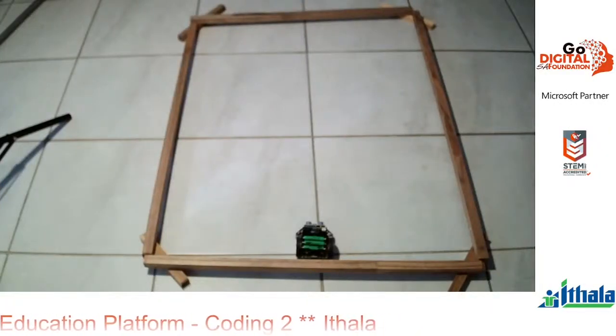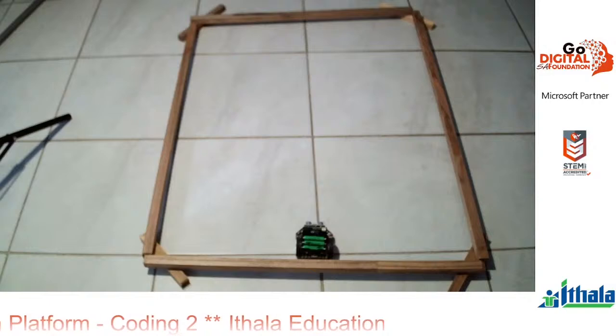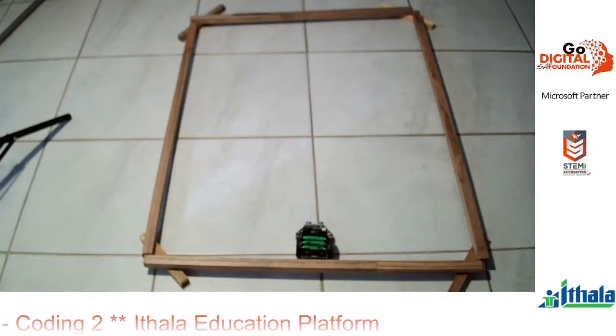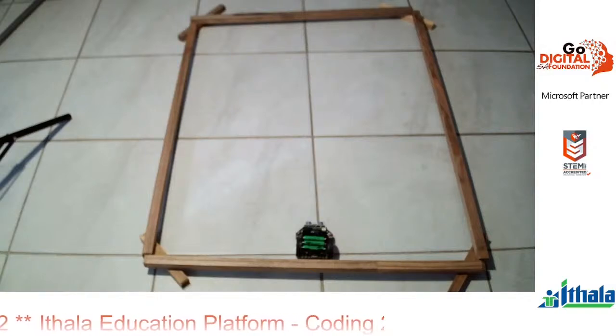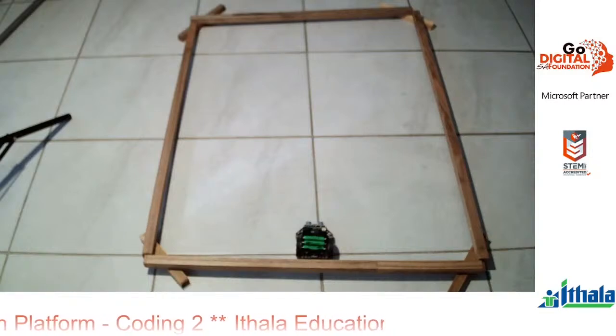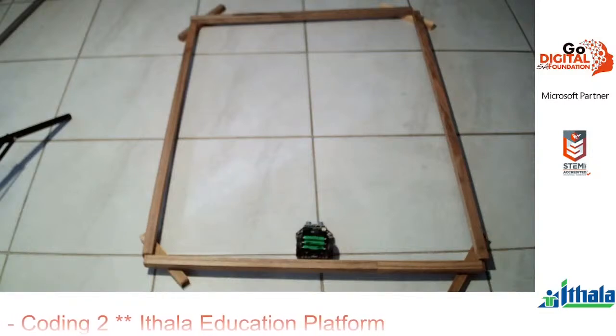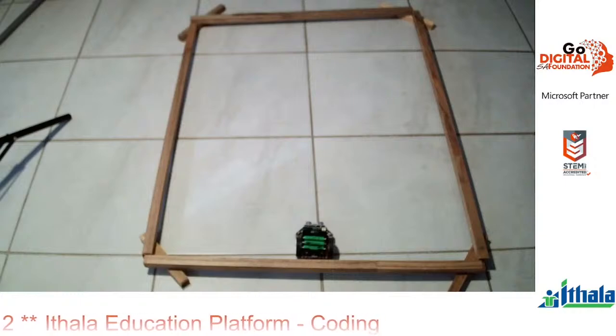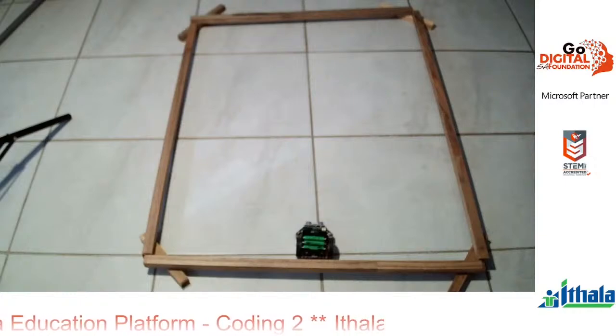You'll notice that I've made a small change to my setup. I've raised the height of the obstacles because they were too low for the ultrasonic sensor. So now it will measure the distance better. So let's see how this works.